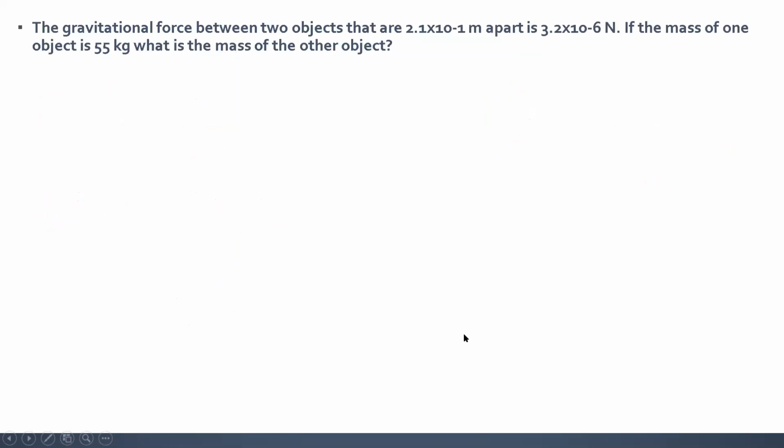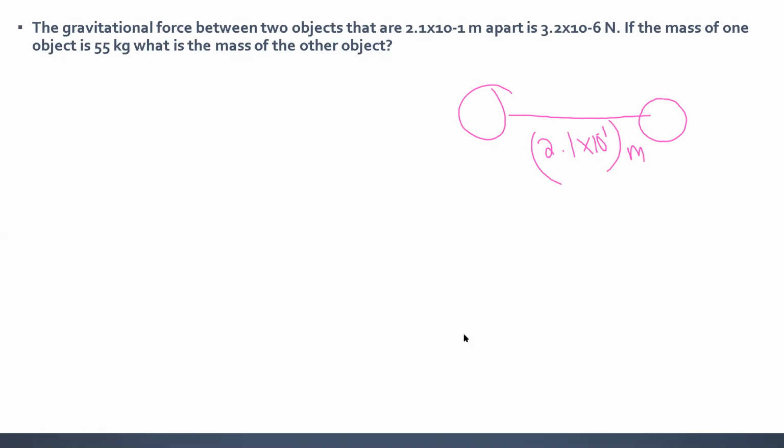Now here, the gravitational force between two objects that are 2.1 times 10 to the power negative 1 meter apart. So we have two objects and the distance between them is 2.1 times 10 to the power negative 1 meter.